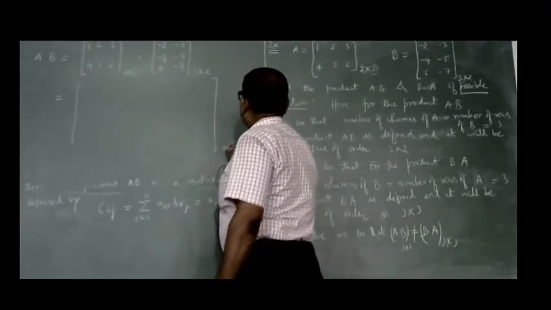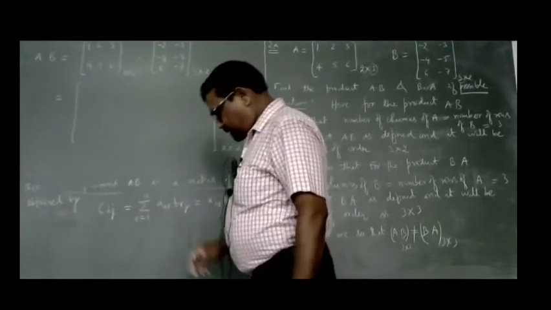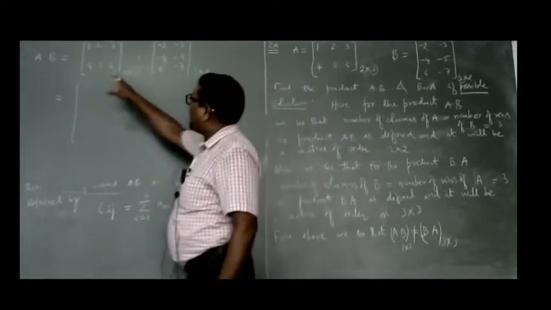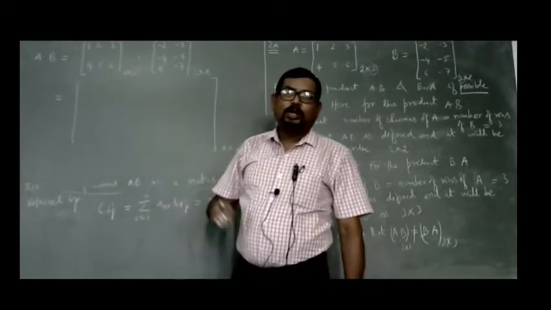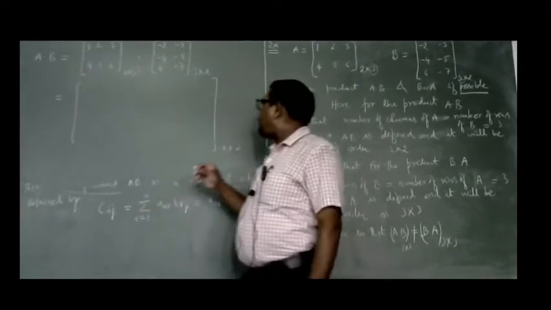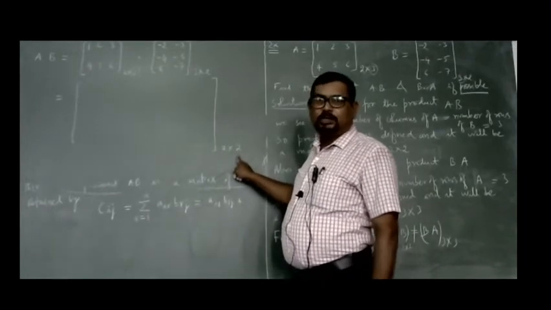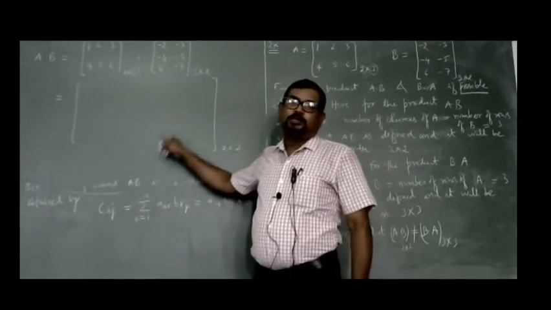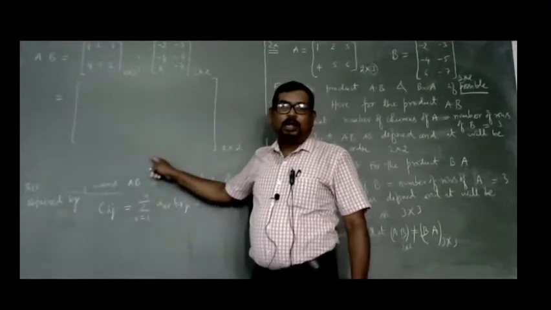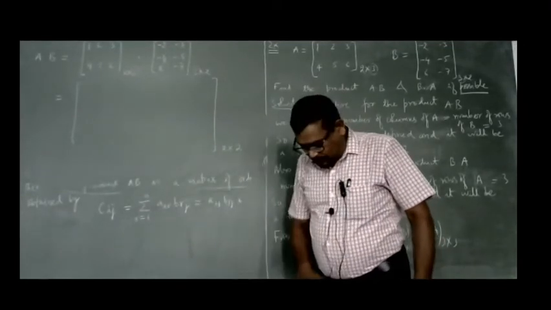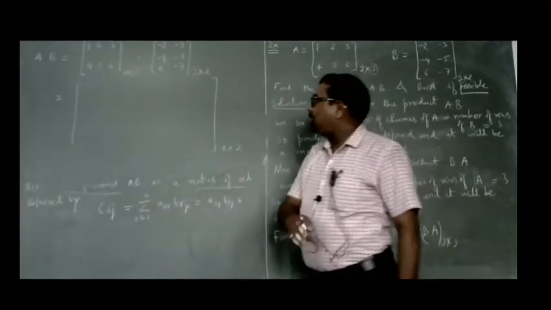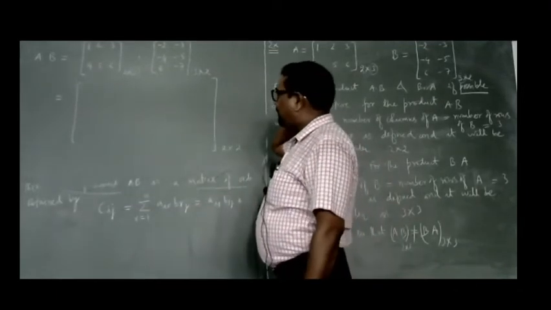How do you find it? The product AB is a matrix of order 2 cross 2, meaning this product results in a matrix having 2 rows and 2 columns. Then how will you find the elements of this product AB?